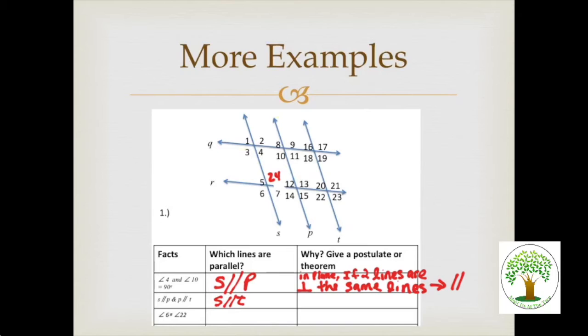If two lines are parallel to the same line, then they're parallel to each other. Okay. These are the only two that we have a then parallel at the end, and it's not a converse.